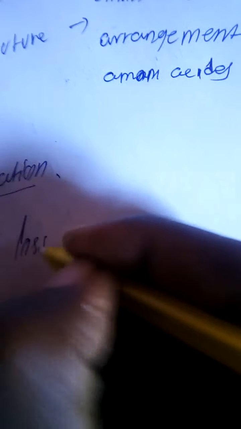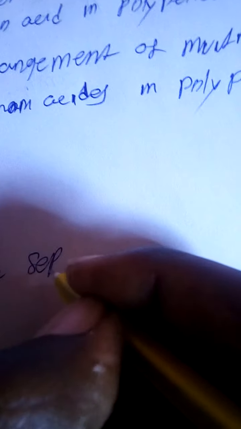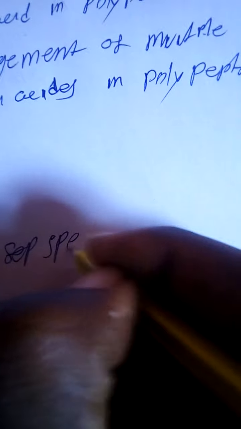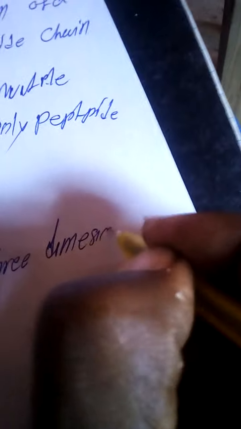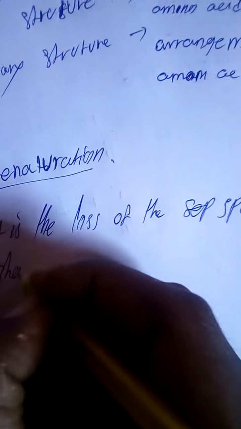I'll just write it down. It's a loss of the specific three-dimensional shape of the protein molecule.